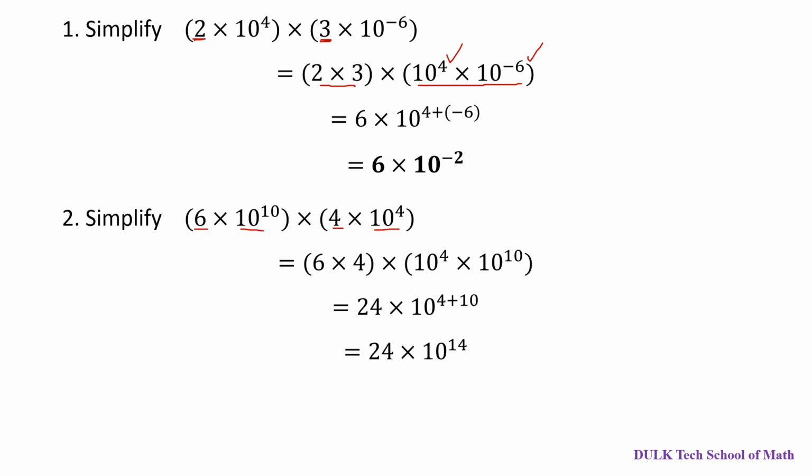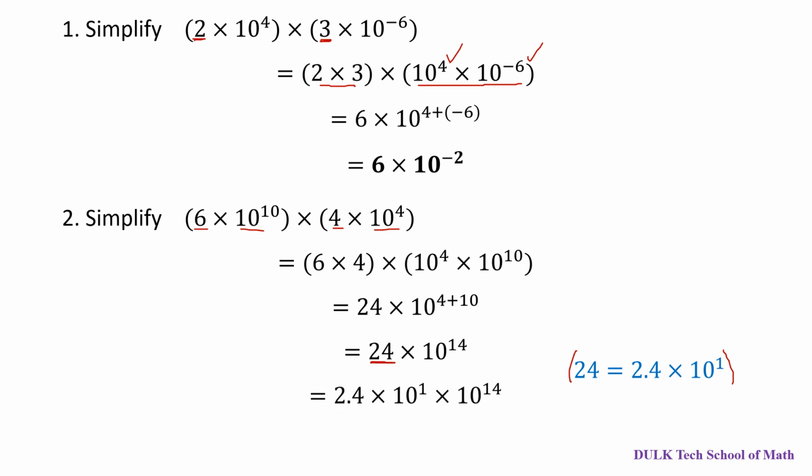which is 24 times 10 to the power 14. But in this case, this number is not in standard form because 24 is not between 1 and 10, including 1. So we have to express 24 in standard form, and 24 in standard form is 2.4 times 10 to the power 1. Now, instead of writing 24, we write 2.4 times 10 to the power 1.